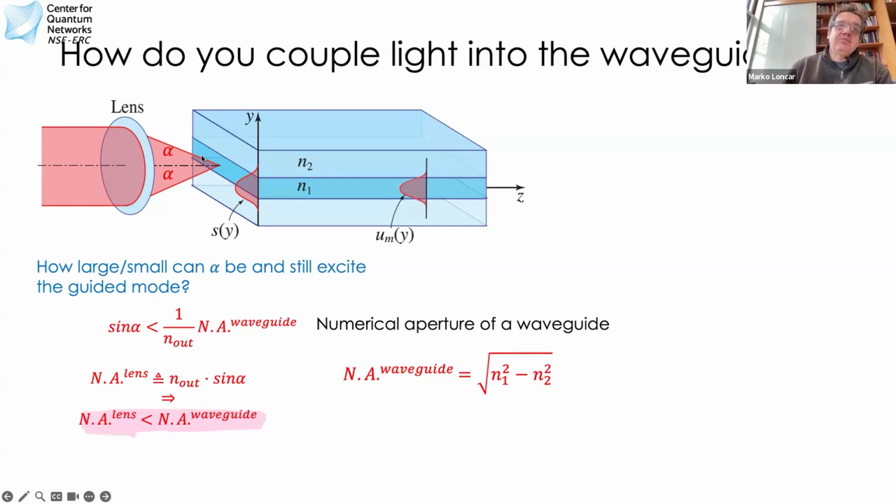The problem is if the spot is very, very small, then you will have rays that are maybe hitting this interface between two materials in a way that doesn't satisfy the critical condition and doesn't satisfy total internal reflection. So light is not captured actually by the waveguide. So that's a huge problem. Alternatively, if NA is not very large, if NA is small, if alpha is small, then it turns out your spot is giant.